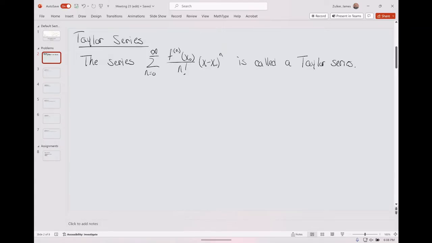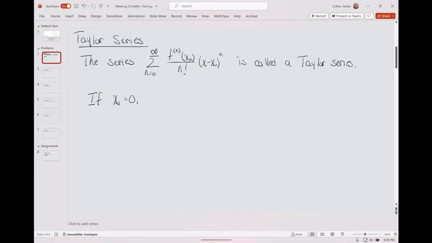Right, so a Taylor series is the power series in which your a sub n is the nth derivative of f evaluated at your center x naught divided by n factorial. It's the nth derivative? Mm-hmm.